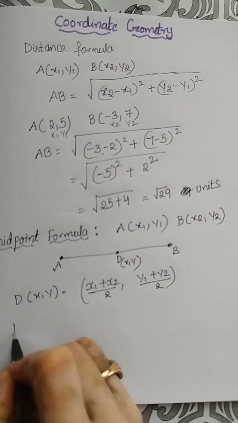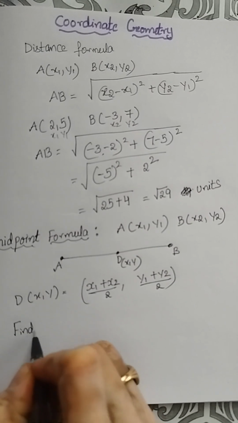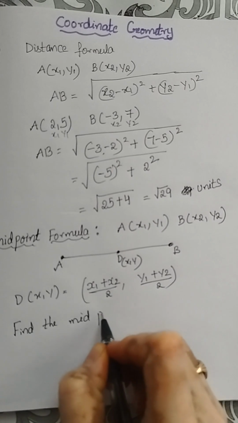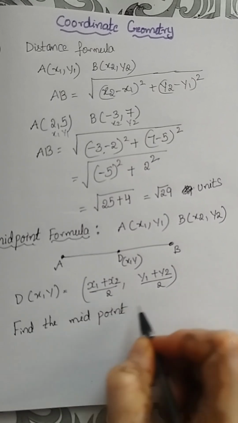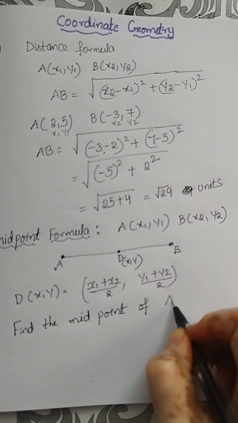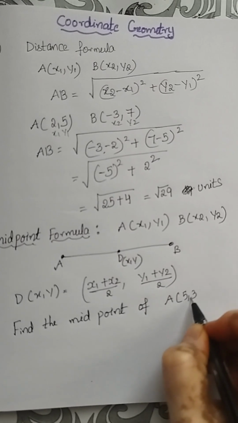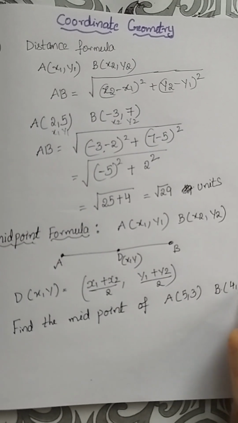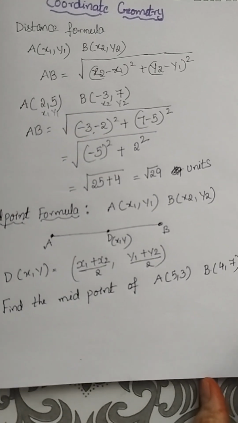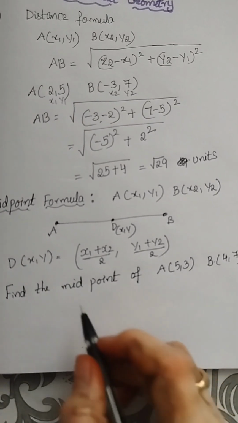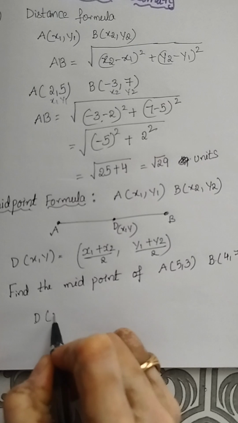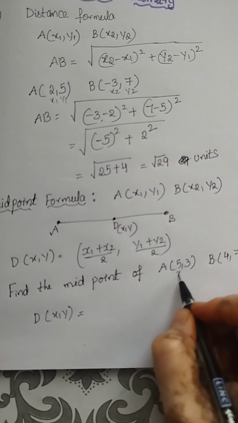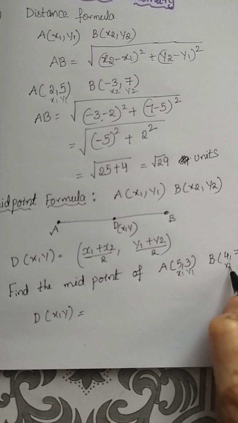So find the midpoint of A (5, 3) and B (4, 7). We have to find the midpoint of these points. Suppose D (x, y) is the midpoint, so x1 y1, x2 y2.